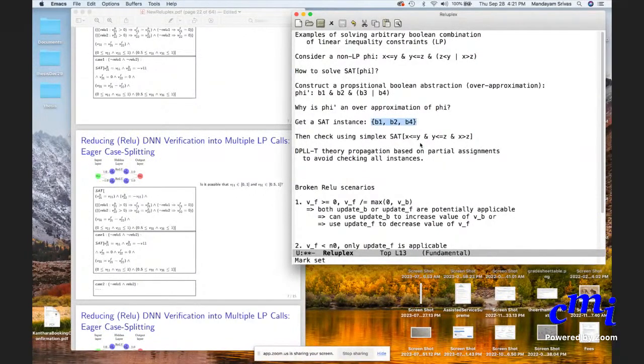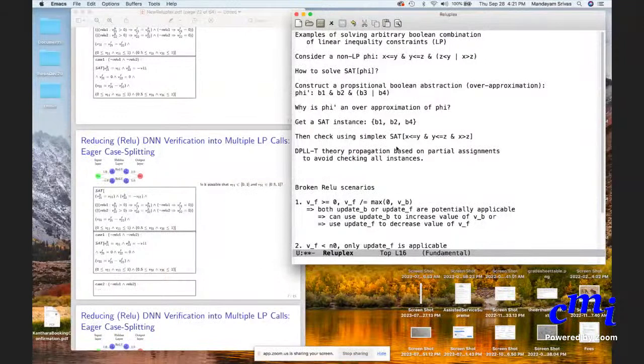That is almost like k-splitting, which is exponential, because the number of satisfying instances of the Boolean abstraction could be 2 to the n, where n is the number of proposition variables. But Z3 is not going to be doing naive k-splitting.